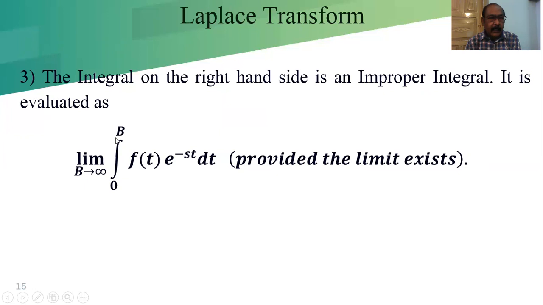After finding the integration, if the limit as b tends to infinity exists, then we say the improper integral exists. Therefore, we say that the Laplace transformation exists.